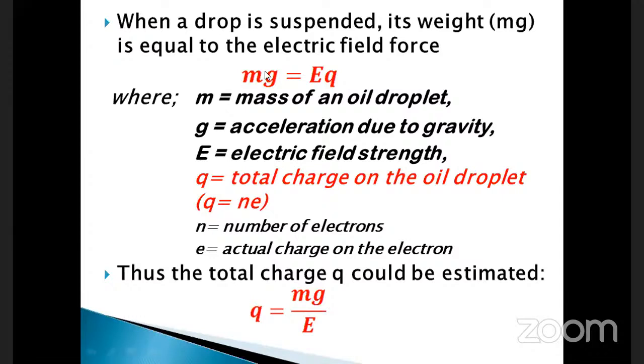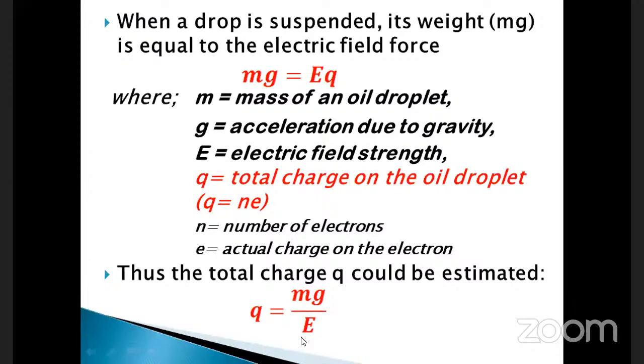From this equation, if I make Q the subject of the formula, we have mg over E. So now, the gravitational force, of course, is known, it is constant. The mass of the oil droplets can be measured through the telescope, the size, and eventually the mass. The electric field strength can also be determined.